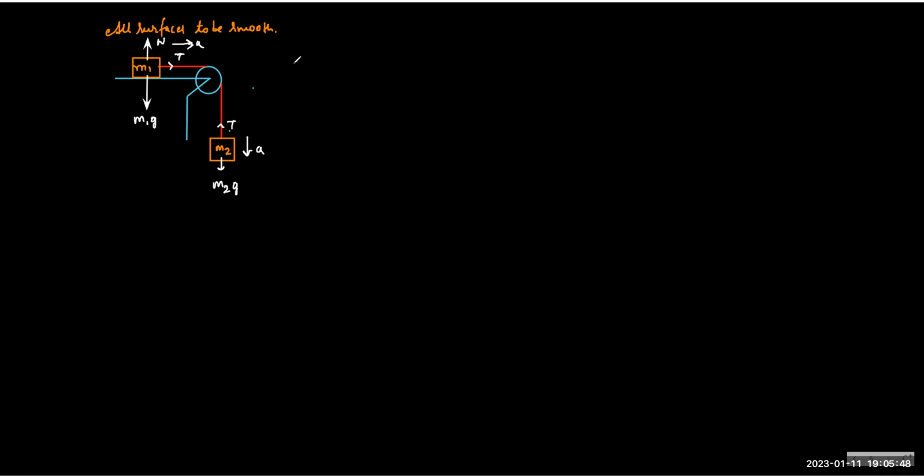So write the laws of motion for m1 and m2. For m1, what should we write? What is the force acting in the direction of motion, or in the direction of probable motion? Tension. Okay.